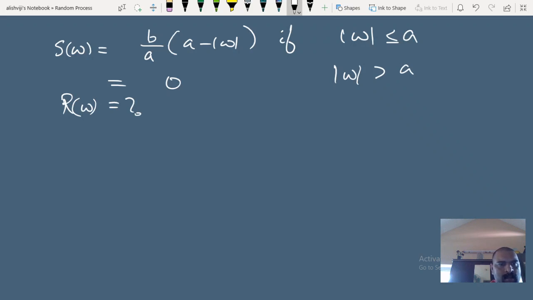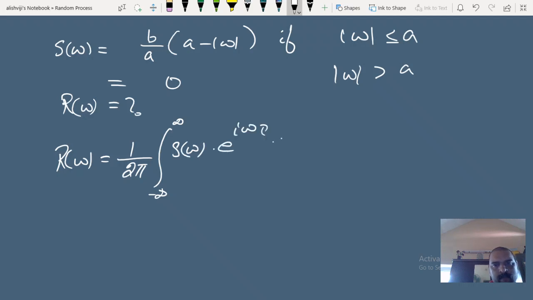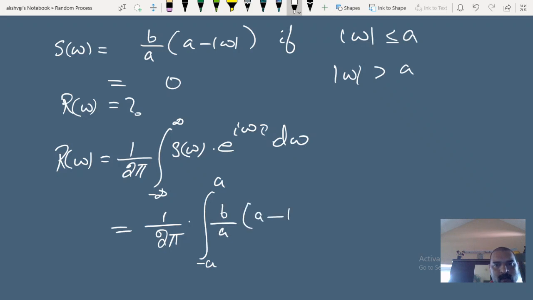So here the autocorrelation function is given by the inverse Fourier transform of the power spectral density, and which is given by 1 by 2 pi into, outside the interval modulus of omega less than A, it is 0, so we have to integrate from minus A to A. From minus A to A, it has a value B by A into A minus mod omega into e raised I omega tau d omega.